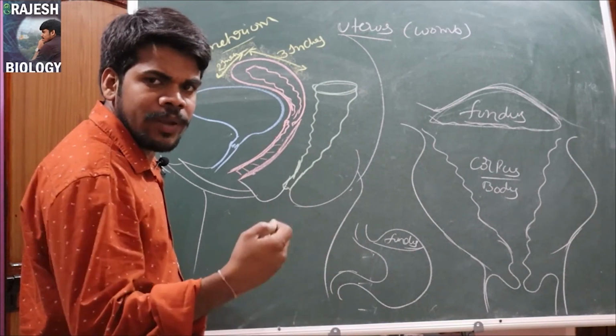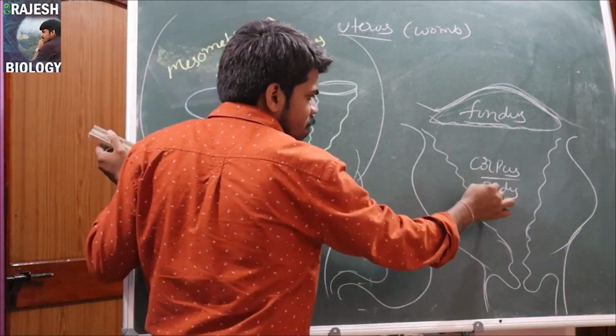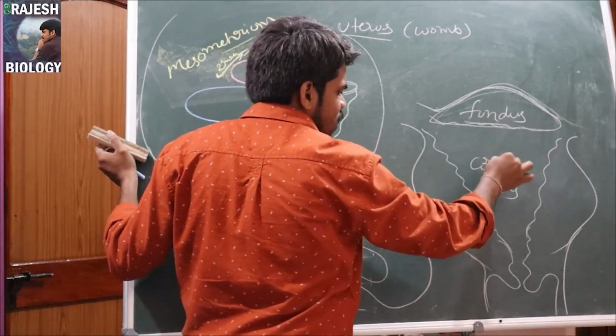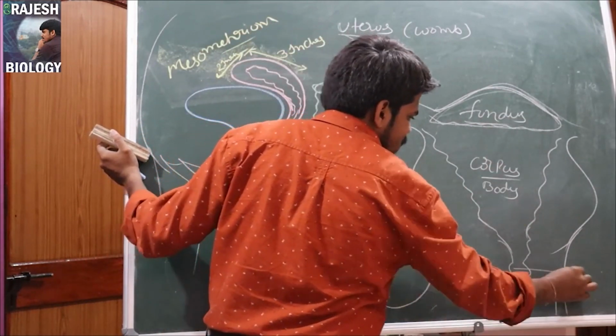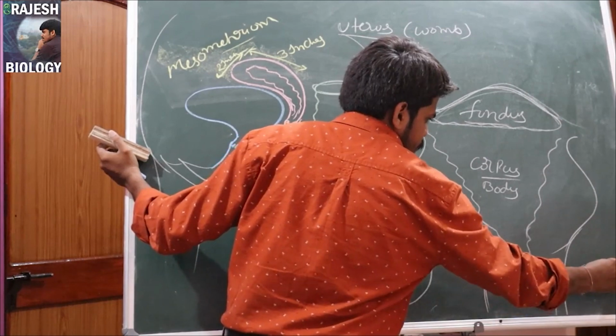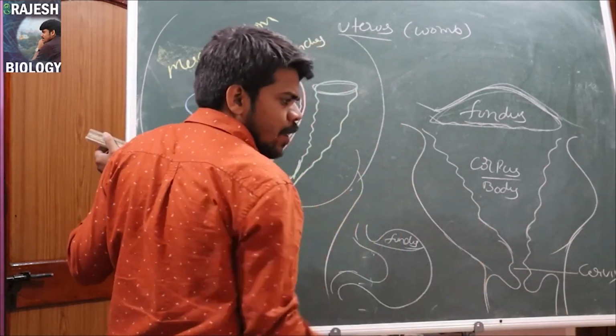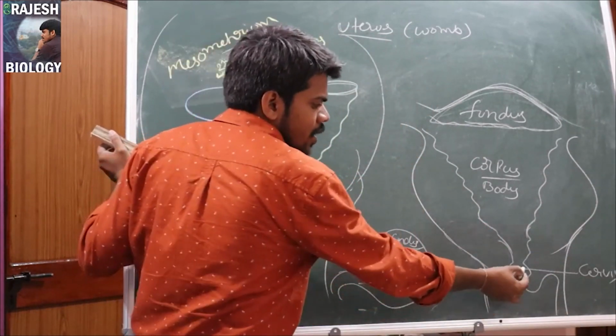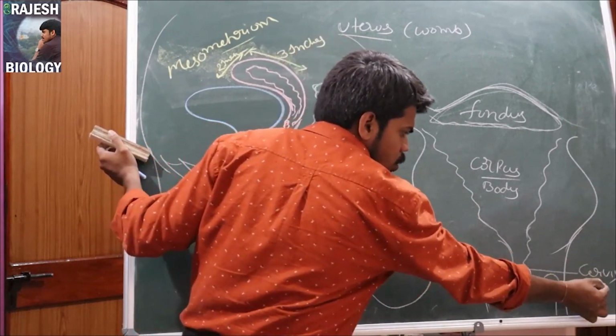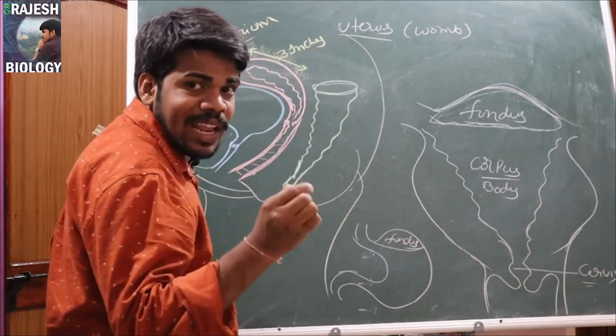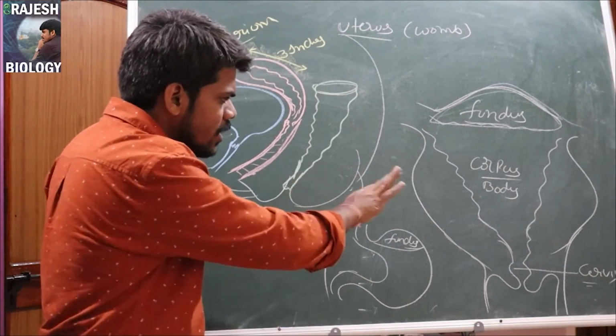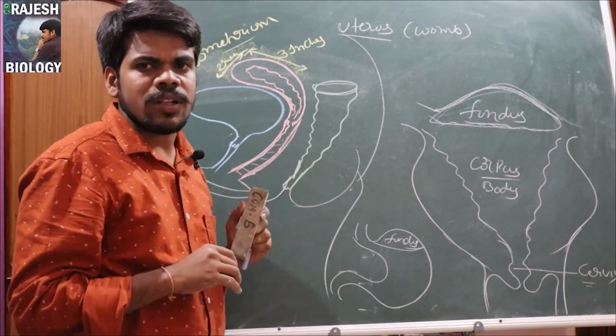So here also corpus means body. Fundus, corpus, and cervix. Cervix is very narrow. That's why I can't write cervix inside, so I write it outside of the uterus. Cervix is the narrower part. So these are the main three parts of the uterus.